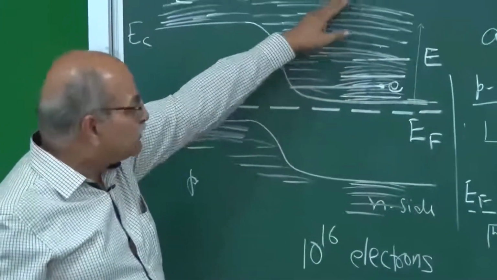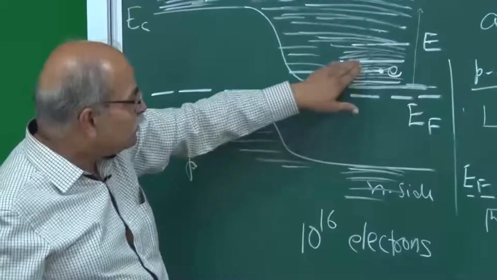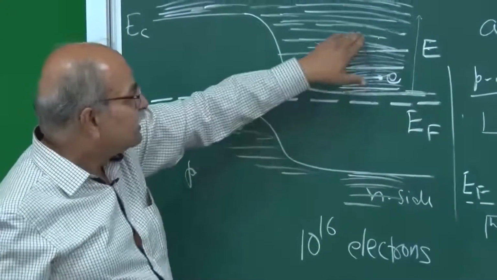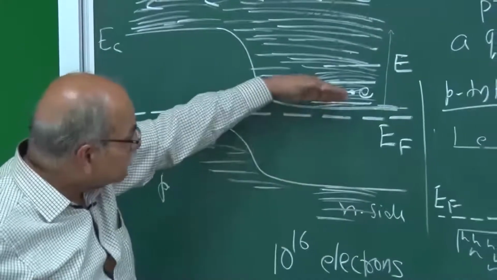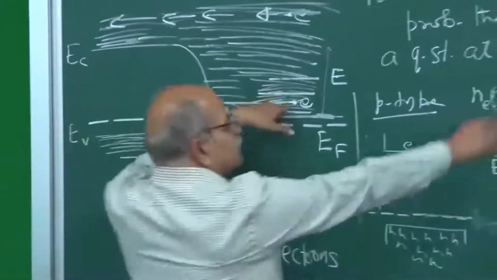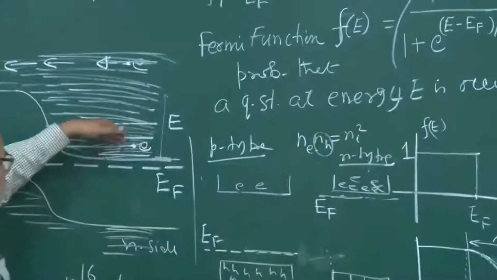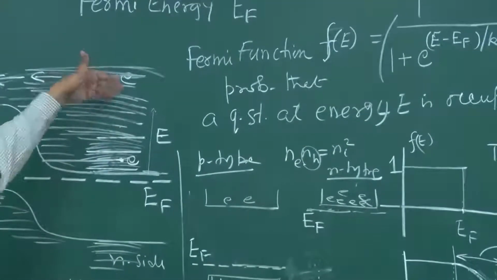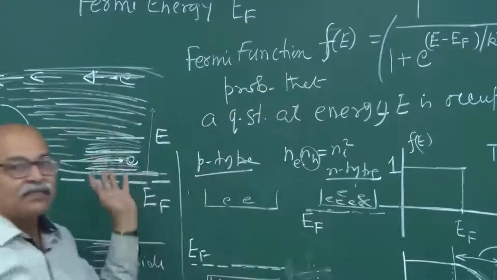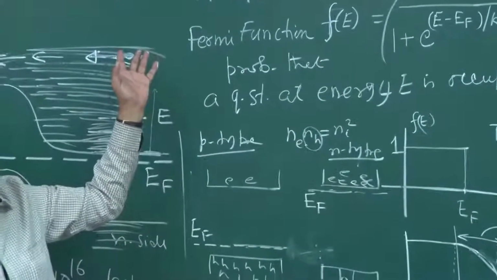How many of them will occupy this one, how many will occupy this one, and so on? You have one parameter. The probability of occupation of this one is given by this expression, and of this, and of this. So you put in different energies E and you can get the probability.